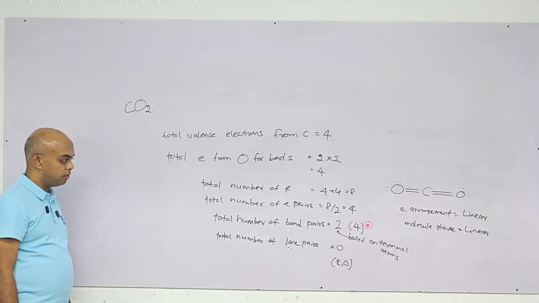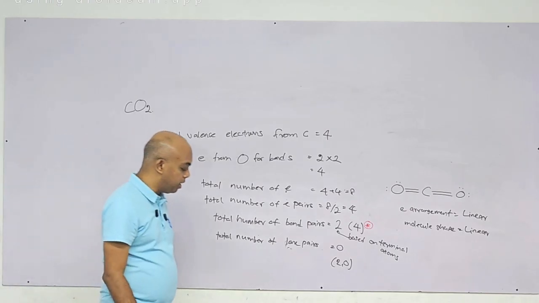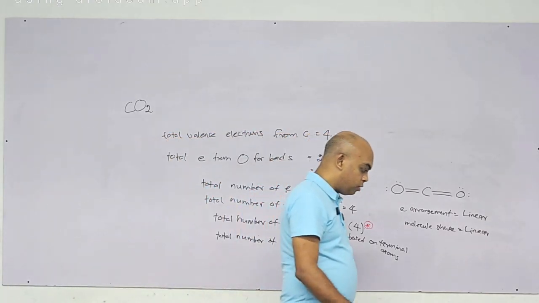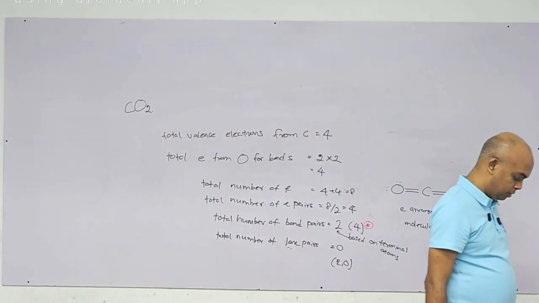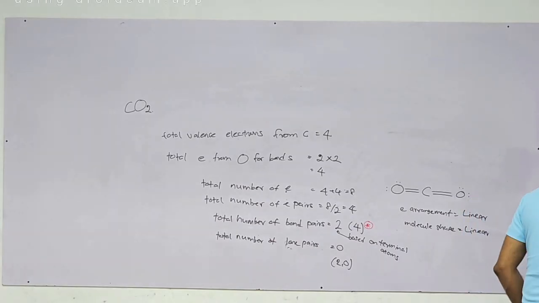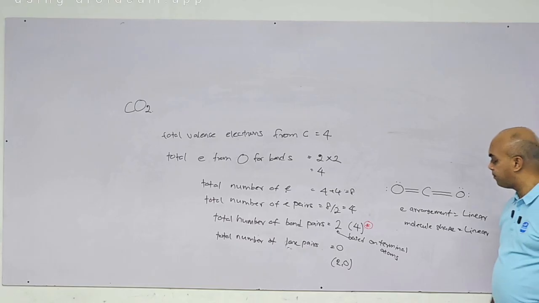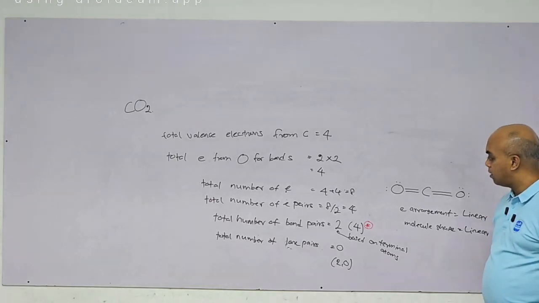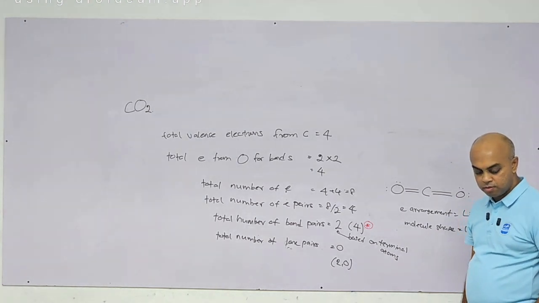Therefore, 2 electron pairs should be allocated for each oxygen atom.